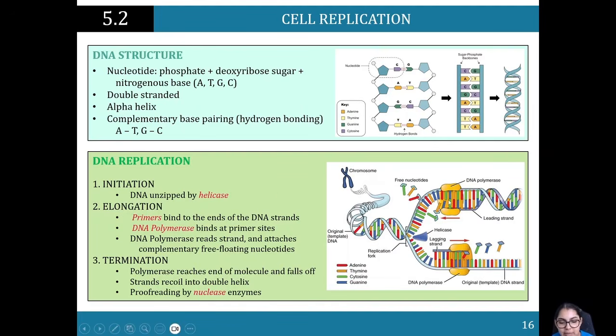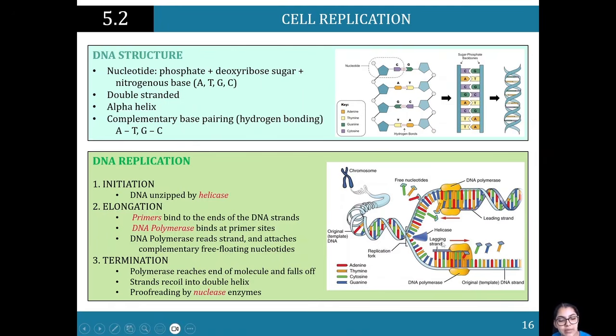But here we go. When DNA replication begins, the enzyme helicase comes in and opens up the DNA. And then elongation is the process in which we now have primers that bind to the end of the DNA strand. When they bind to the ends of the DNA strand, they basically urge this DNA polymerase to come and start reading the strand and attaching the free floating nucleotides to each of the ones.